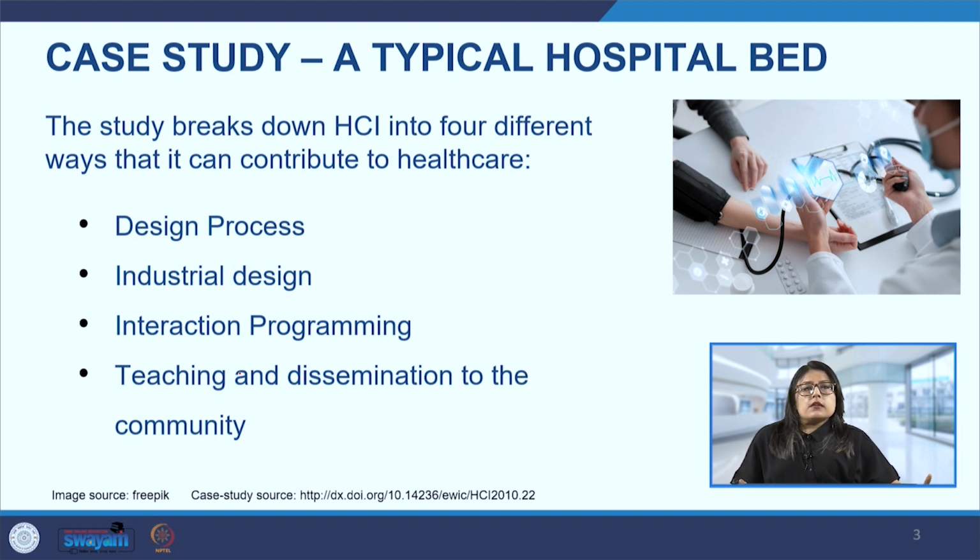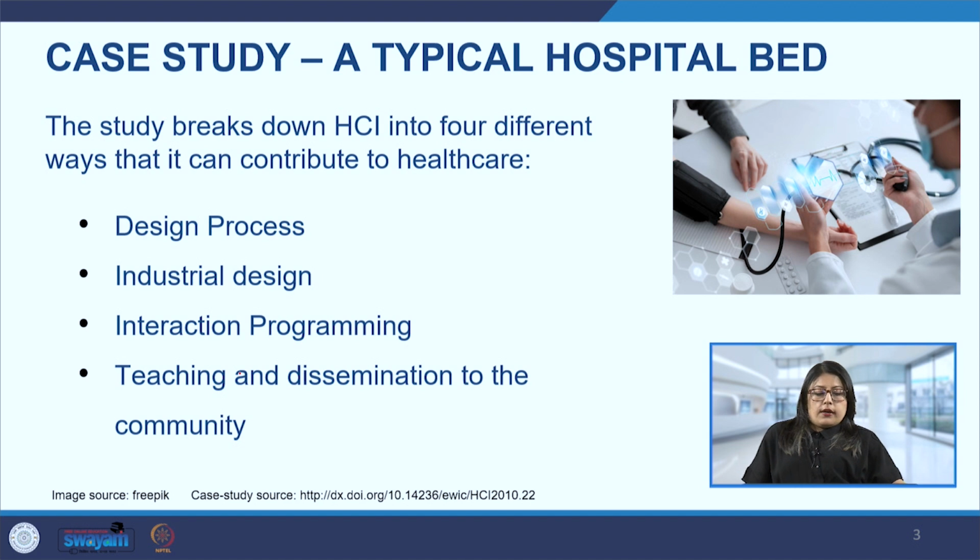The next is the industrial design stage, which includes our ergonomics and all the aspects pertaining to the design process. Then third is our interaction programming, which includes all the hidden complex interactions within the system, between the system and the human being who is operating it. And finally, we have the teaching and dissemination to the community.